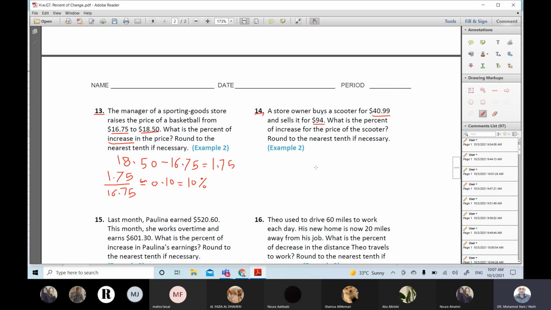So as you see here, we want to find the percent of increase. So at the first, we want to find the amount of increase, which will be 94 minus 40.99. The answer will be 53.01.